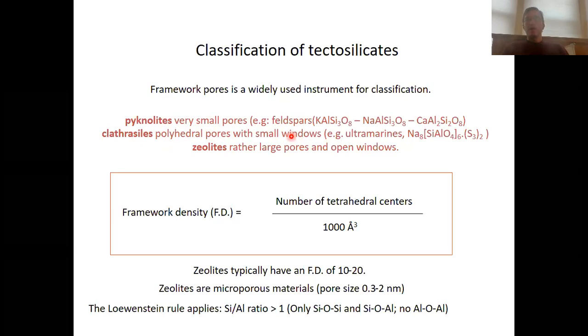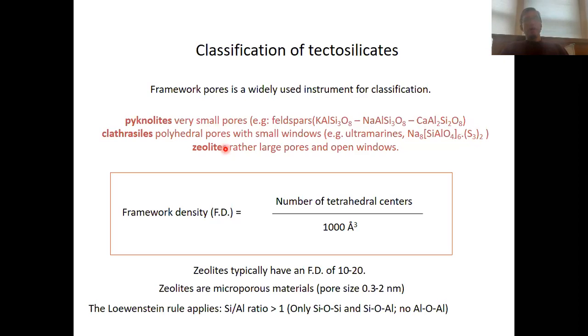So an example of that is ultramarine, which has this composition here. It's the sodium alumosilicate that contains the trisulfide anion. So this is a radical anion, and we will discuss the exact structure in a moment.